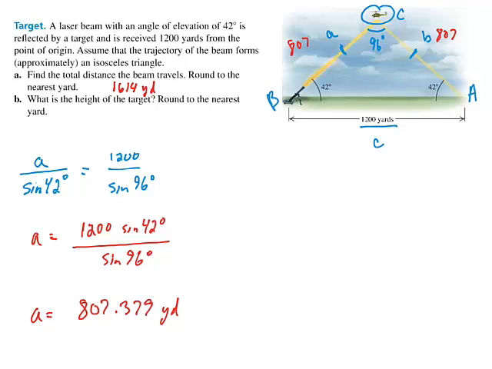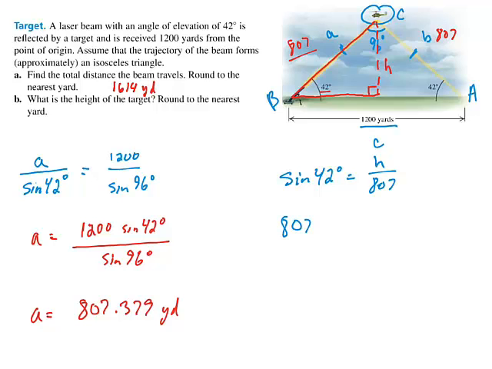Then it says, what is the height of the target? Round to the nearest yard. So the height of the target is just this. At this point, I see on this triangle on the left here is a right triangle. So because that's a right triangle, I have this angle down here. I have the hypotenuse, which is 807. I can use that to find the opposite side. So this is going to be SOHCAHTOA with sine. Sine of 42 degrees is equal to the opposite, which in this case is called the height, divided by the hypotenuse, which is 807.